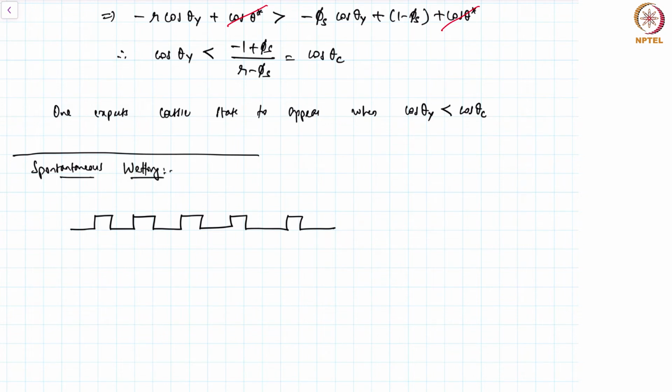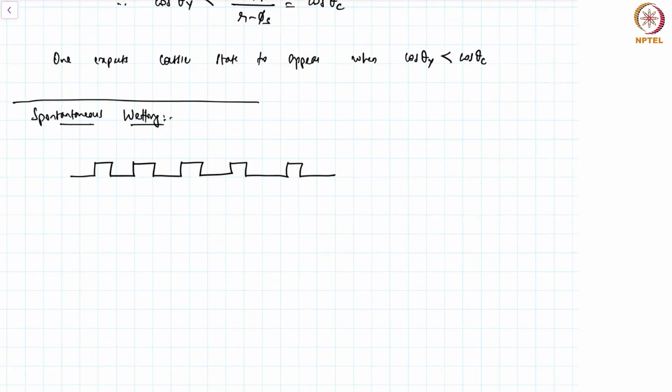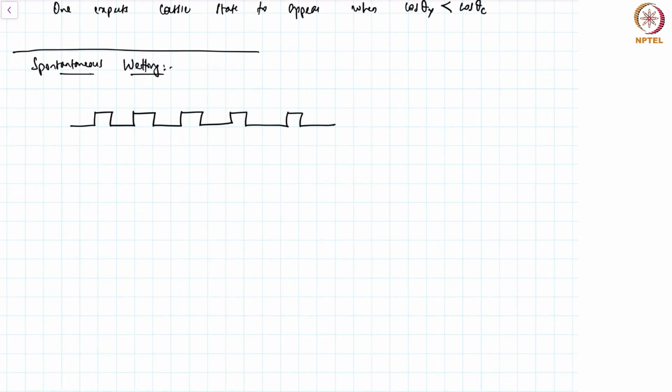Now what does spontaneous wetting mean? Let's first write down the energy for such a surface. If you were to pour liquid onto a surface, it would immediately spread on the surface. Now if this happens, then the entire surface is covered by liquid, and what tends to happen is a change in the energy for this configuration.